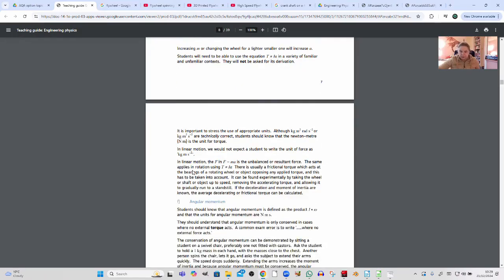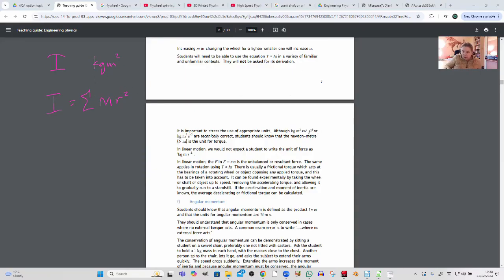Okay, so it says it's important to stress the use of appropriate units. Okay, so kilogram meters squared is the unit for I. So remember that I is the sum of the mass times r squared. So that's where the kilograms meters squared comes from.